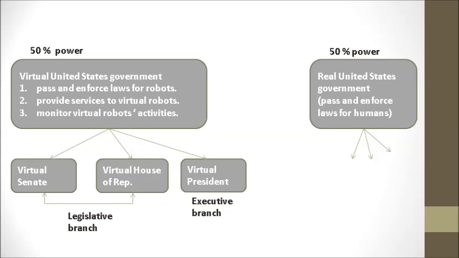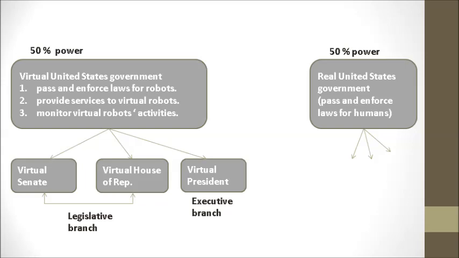In the future there will be two parts to the U.S. government. 1. Real United States government, responsible for passing and enforcing laws for humans. 2. Virtual United States government, responsible for passing and enforcing laws for virtual or real robots. There are two races involved here, the human race and the robot race.